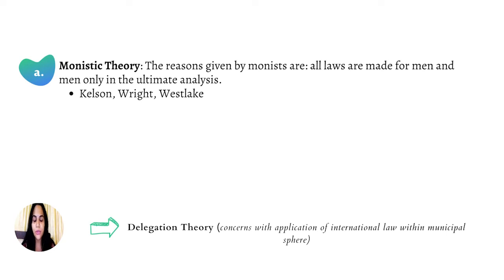This is what it wants to convey. Hence, the substance of law is the same for both of these laws: a command which is binding the subjects of law. Now let us go through the chief exponents of this theory. They were Kelsen, Wright and Westlake.